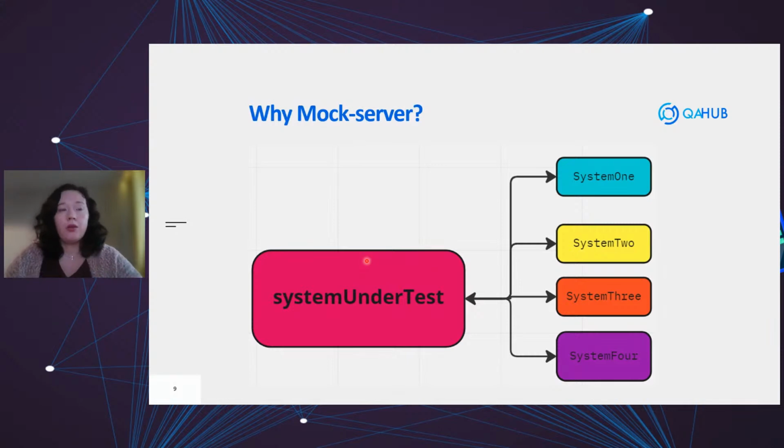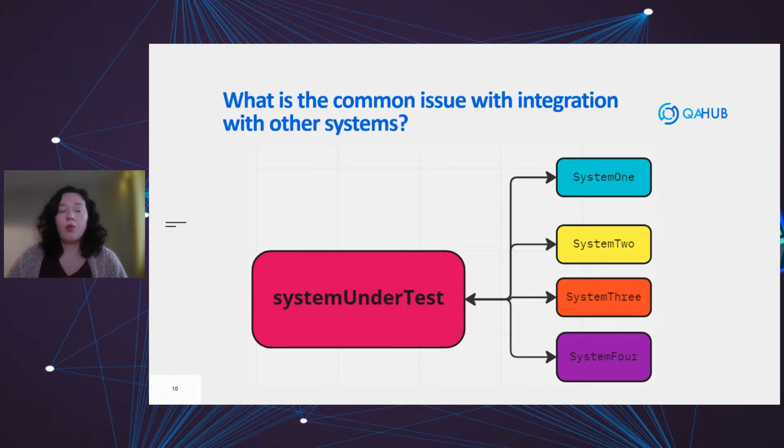Another reason, so as I already told you, how do we use mock server? Our application is integrated with many other systems, as many other applications. But what is the most common issue when we are integrated with the other system? One of the systems that we're integrated with can go down.